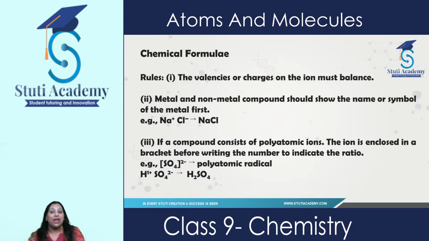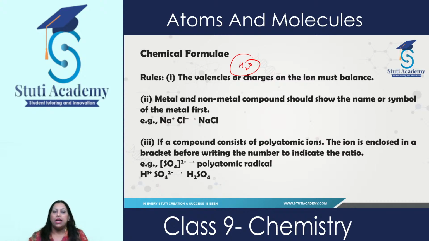Now next is chemical formula. When you are writing chemical formulas of molecular compounds or ionic compounds, there are certain rules which you need to follow. We say water, so we write this formula for water. But how is this formula made?